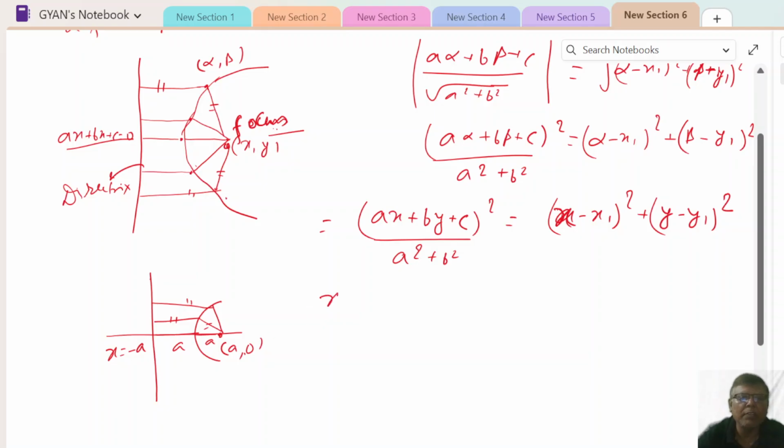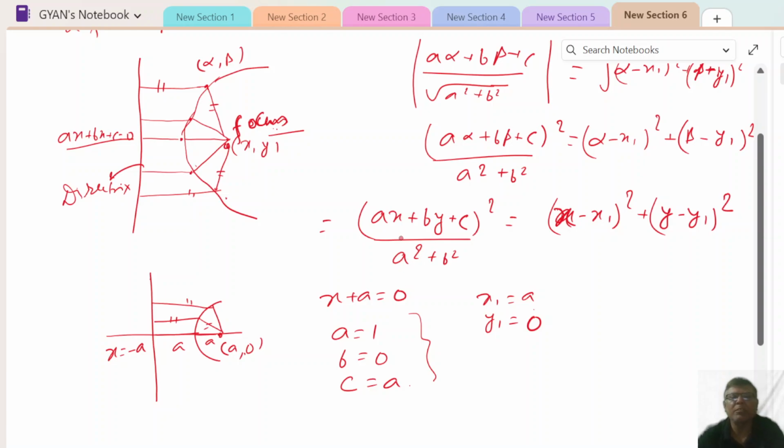So x plus a is equal to 0. That means a is equal to 1, b is equal to 0, c is equal to a, and the focus is (a, 0), so x1 is equal to a and y1 is equal to 0.